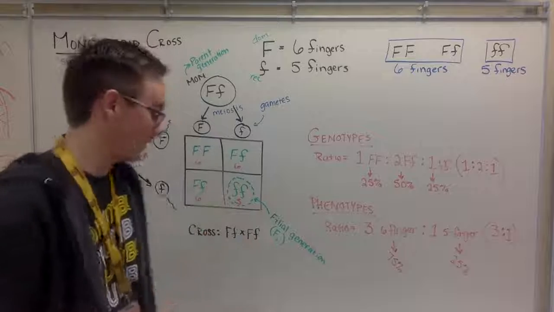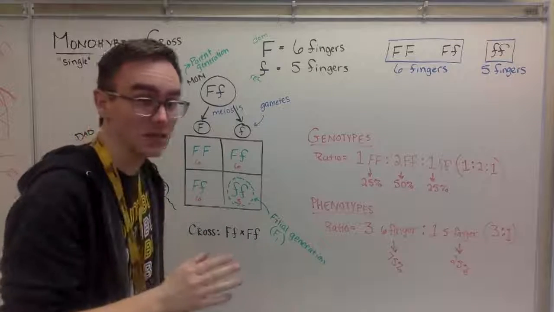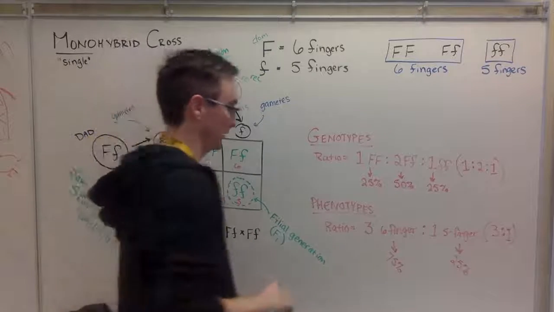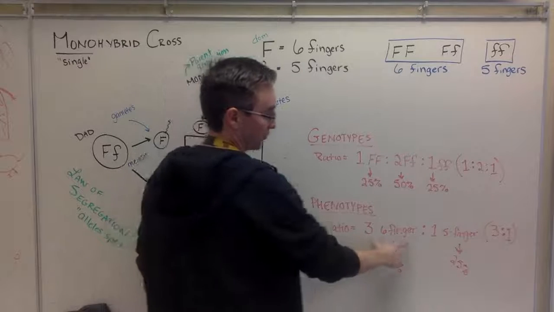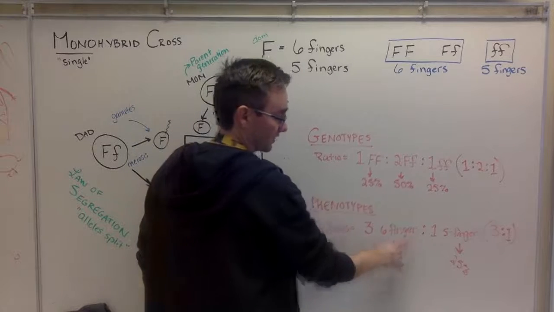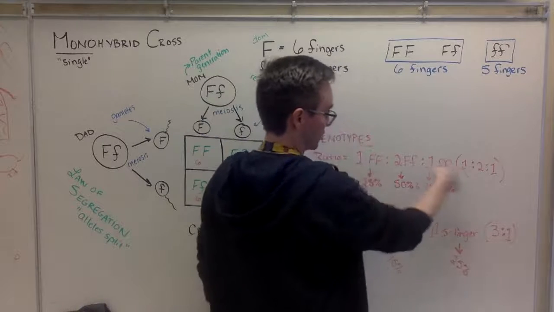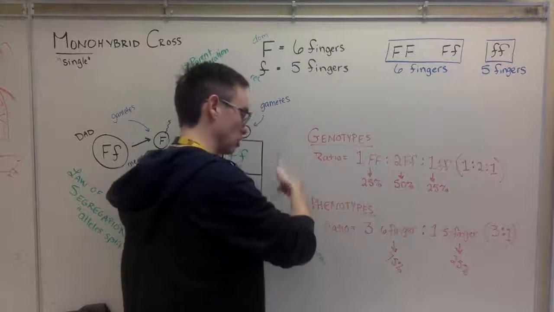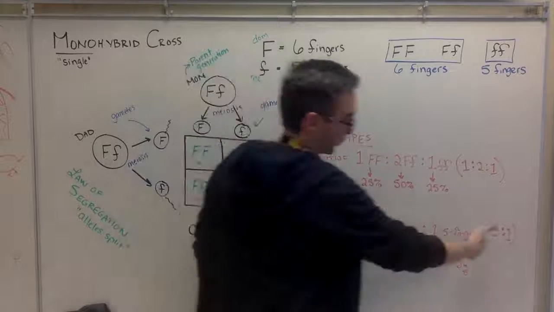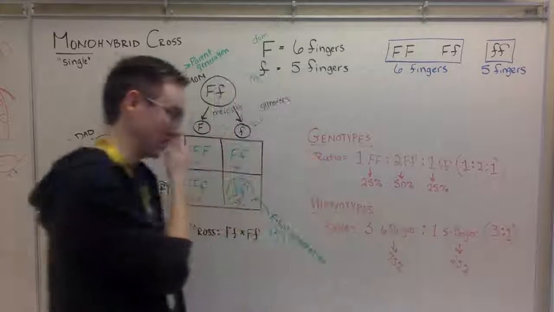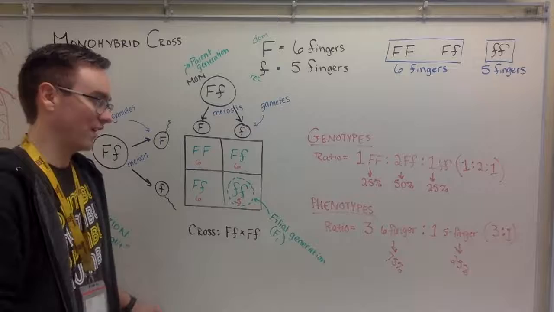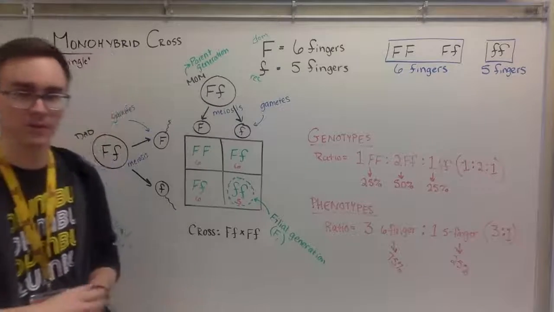Now, it's not always going to be the same for the phenotypic ratio. Sometimes it is, and sometimes it isn't. For a phenotypic ratio, we have 3 6-finger outcomes and only 1 5-finger outcome based on the genotypes, because remember, genotype determines phenotype. So that's a 3-to-1 ratio, or 75 to 25%.